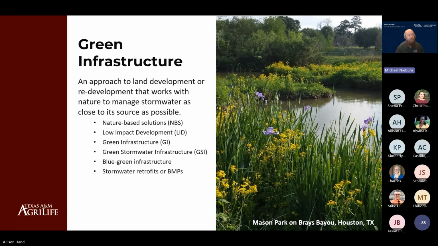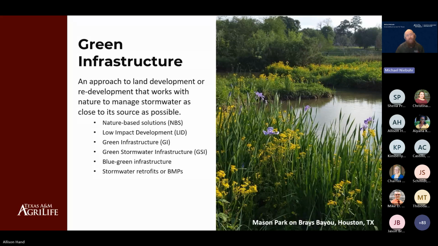Before we dive in, I want to briefly acknowledge the different terms you may have heard in the past, or may hear during this presentation, that reference green infrastructure. Phrases like nature-based solutions, low-impact development, green infrastructure, green stormwater infrastructure, you might even hear blue-green infrastructure or stormwater retrofits.